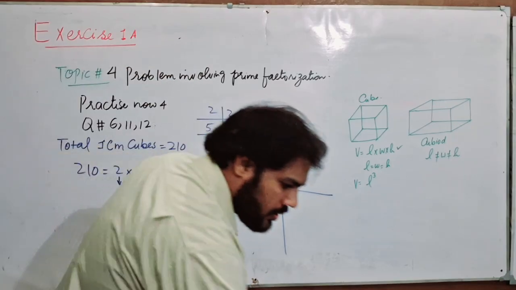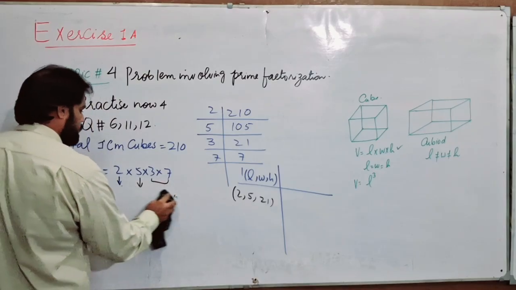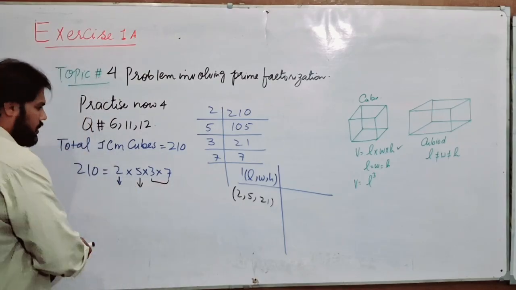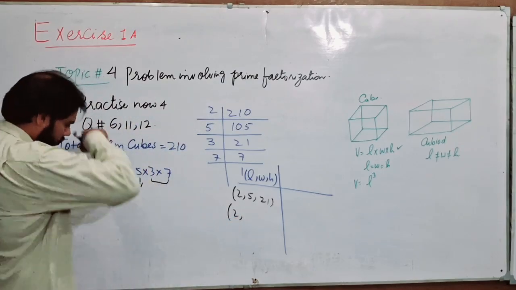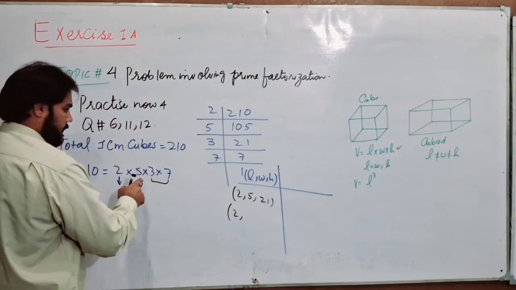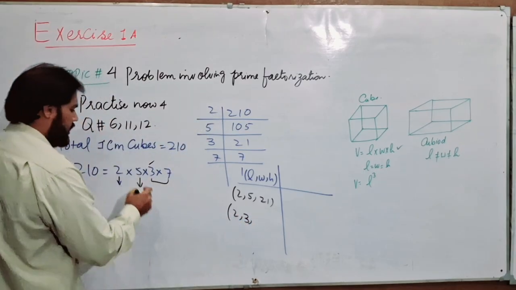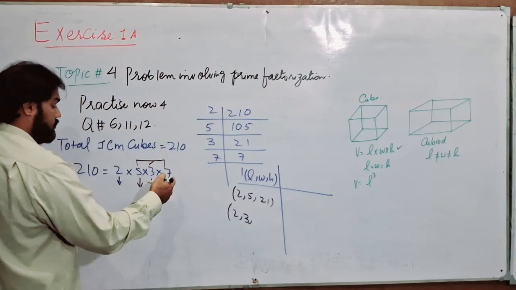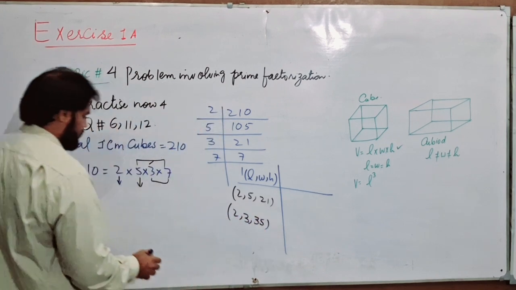Again, now if you take its length is 2, width is 3, then height will be the product of the remaining 2, 5 into 7, 35. So this is the second case.